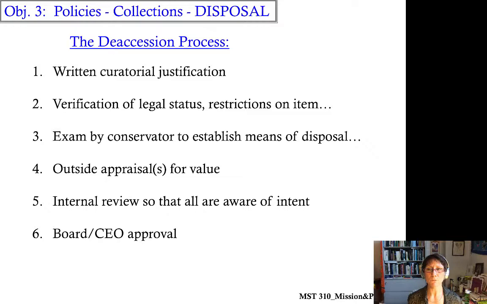And so that should be left up to people or institutions that are not in conflict, that are outside of the museum and the donor or the person to whom it may actually end up going to. So you want an independent assessment of the value of that object.